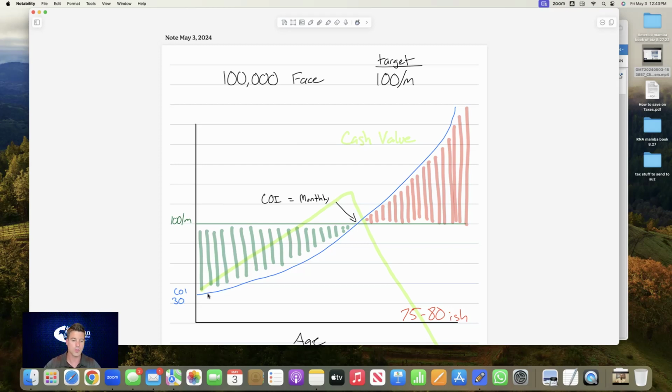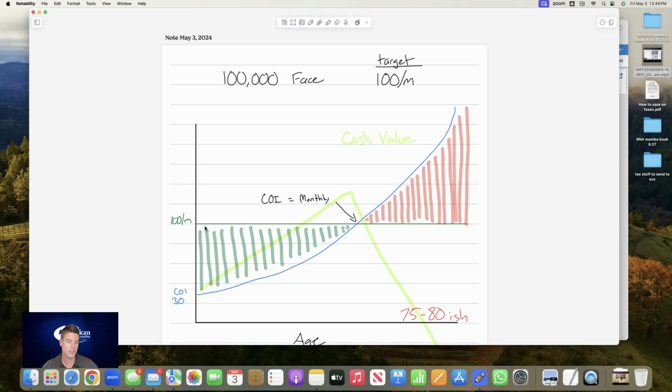And then it goes up every year, just like an annually renewable term. If you've got an annually renewable term, which renews every year, they're going to charge you the cost of insurance every year, so it goes up every year. That's why this is basically an annual renewable term with the cash value. Now, let's say the fees, the cost of insurance, everything's 30 a month, and they're paying $100 a month.